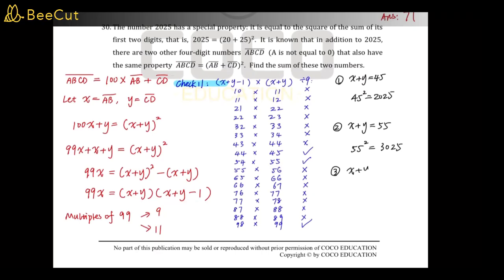Third one is X plus Y equals 99. So 99 squared, 9801. There's 98 plus 1, then you square it equals 99 squared. Asking for the other two numbers, which are 3025 and 9801. So we add them together. There's 12826.